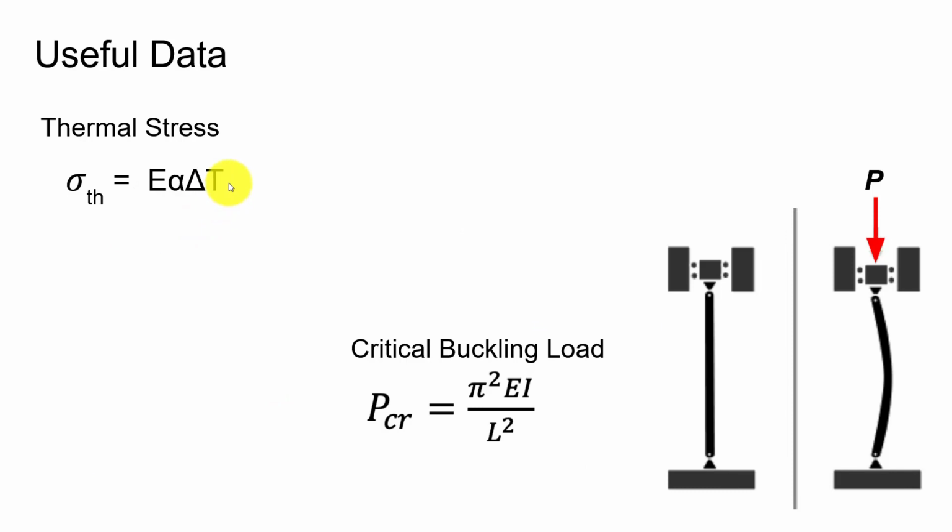If you have any temperature change delta T, then your thermal stress is given in this form, and in this case it is leading to buckling of the beam. If you have buckling, the critical buckling load is given by this formula for a rod which is being compressed. Let's see how to use these concepts in this problem.